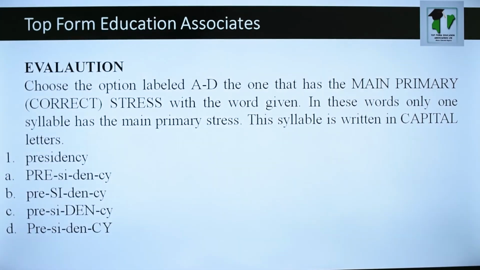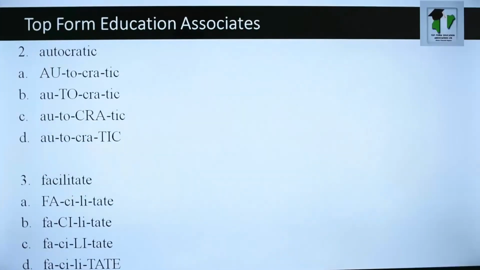Then we have precedency. We have this on the first syllable, second syllable, third syllable, and the fourth syllable here. When you pronounce the word precedency, you see that the stress is on P-R-E, on the first syllable. Number 2, we have autocratic.